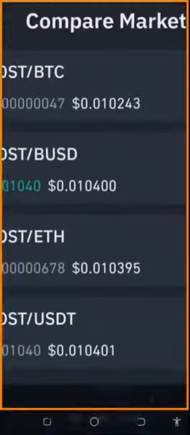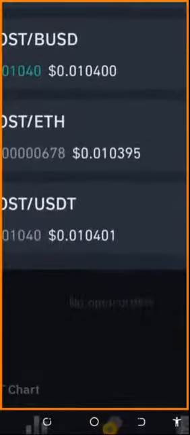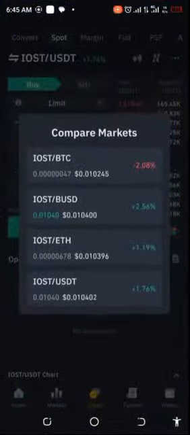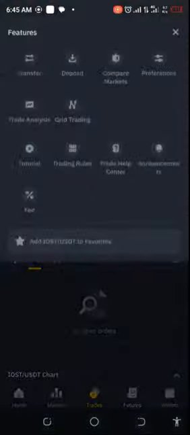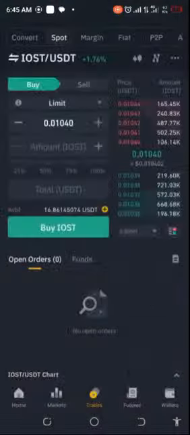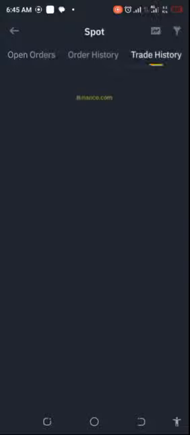And at this point, BTC went up a bit, and you can see here that USDT now is 0.0104. Now let's go back and see how much we bought IOST with USDT. Let's see how much that is. Looking at the order book one more time so that you understand the concept of the boomerang strategy.